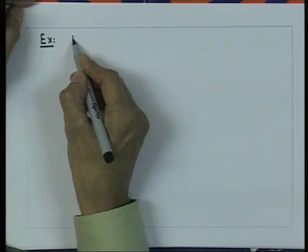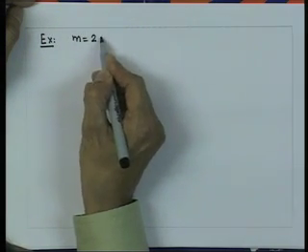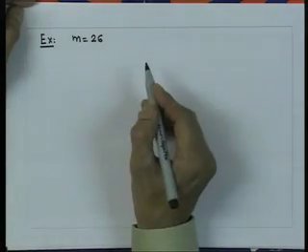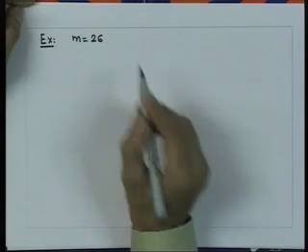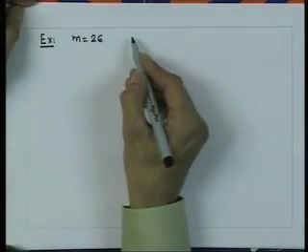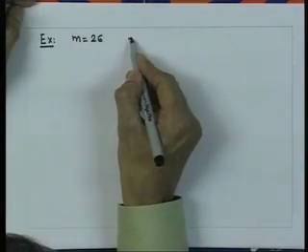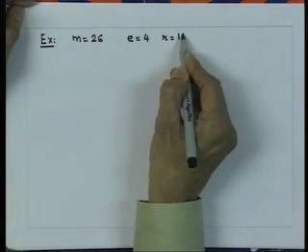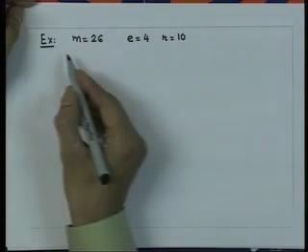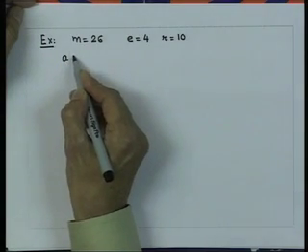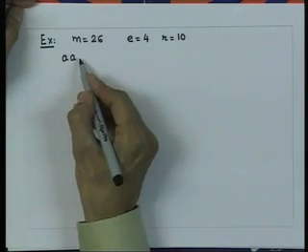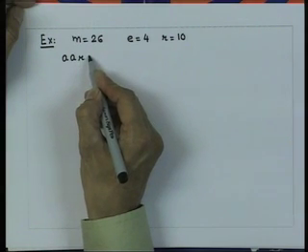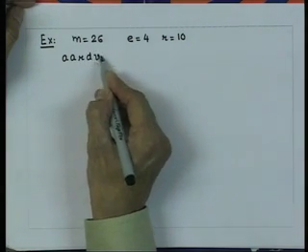So, in our case m is equal to 26. To find out the fixed code, we find out the e and r values, which turn out to be e equal to 4 and r equal to 10. Let us take, we want to encode this sequence.